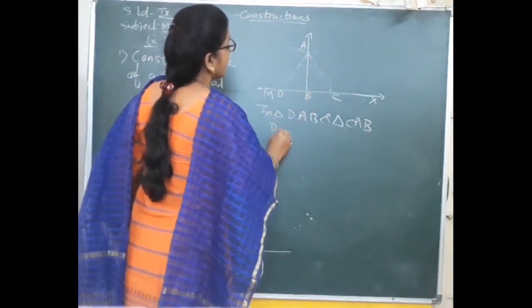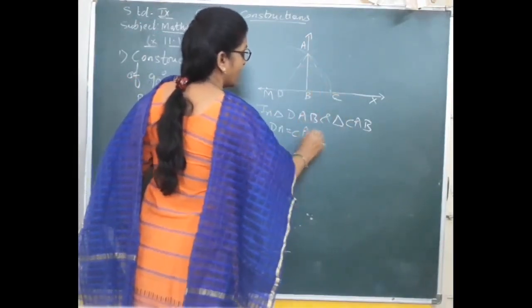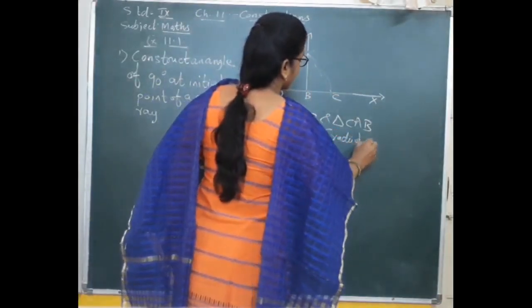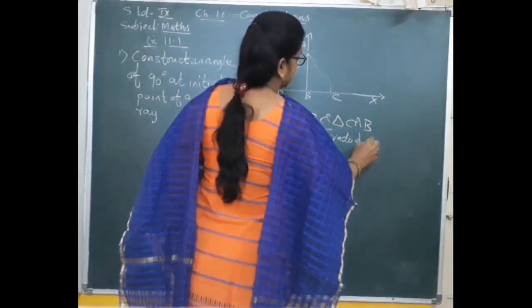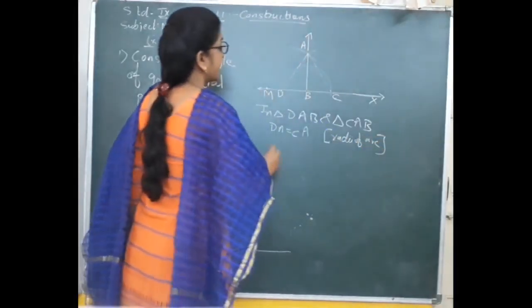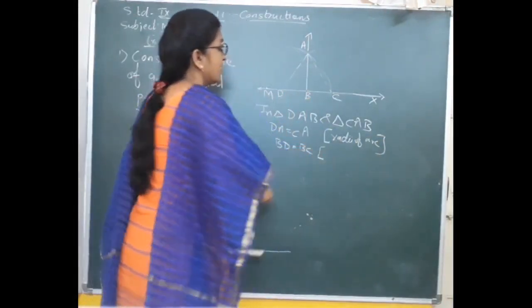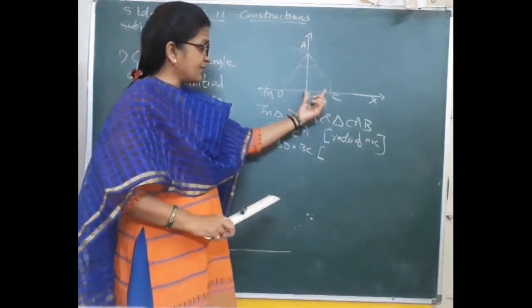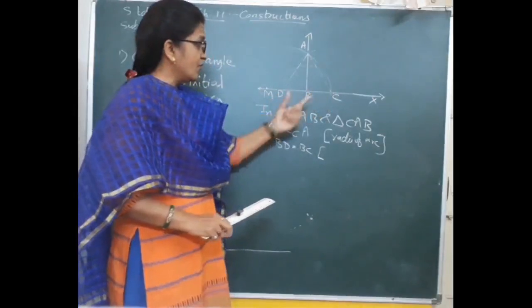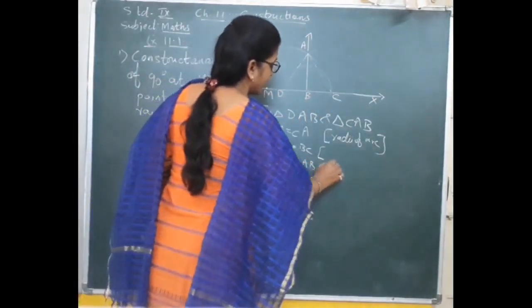So DA is equal to CA. Why? These two are the radii of same arc. Now, next is BD is equal to BC. Same reason. Radius of arcs of same measure, that is BC and BD. These two are the semicircle arcs. And next is AB is equal to AB, common.